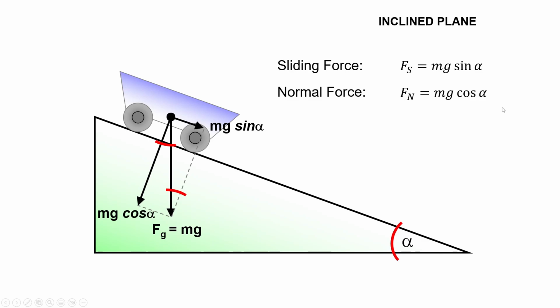The sliding force is important for us because it directly makes the things move, of course, down the slope. The normal force is the force with which the object presses onto the surface of the inclined plane, so seemingly it doesn't create any movement because this normal force will be balanced by another force which the inclined plane will act onto the cart according to the third law of motion, that law about action and reaction.